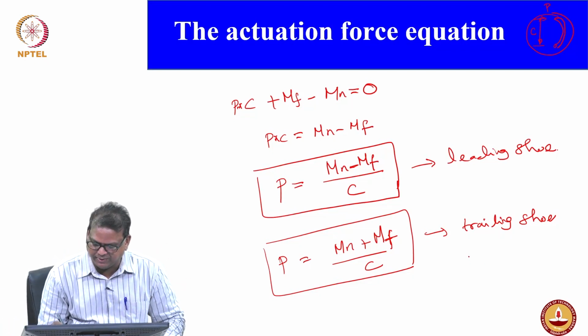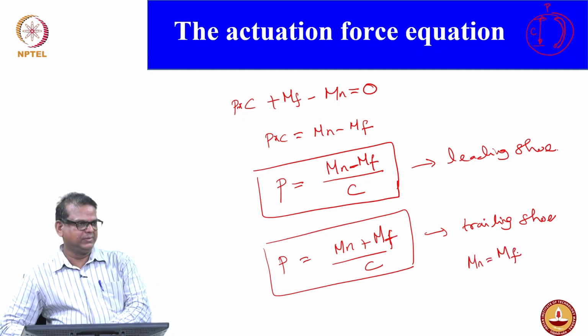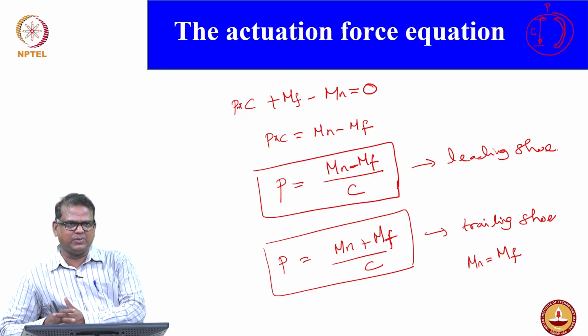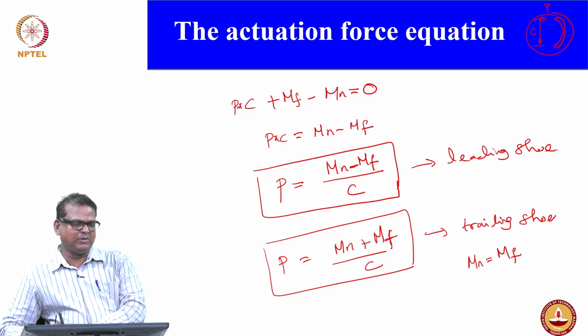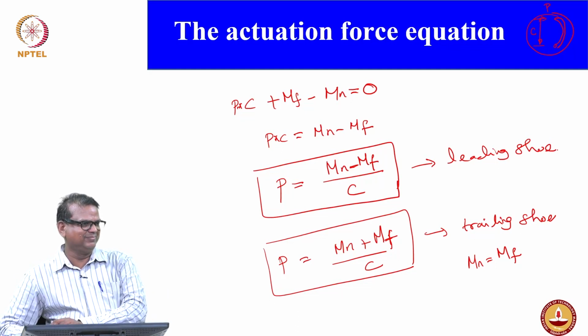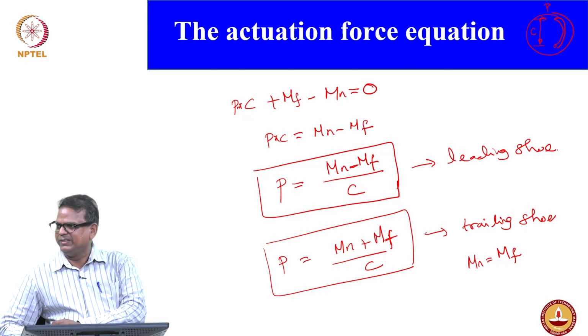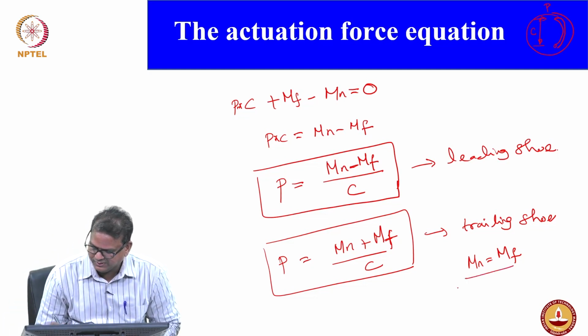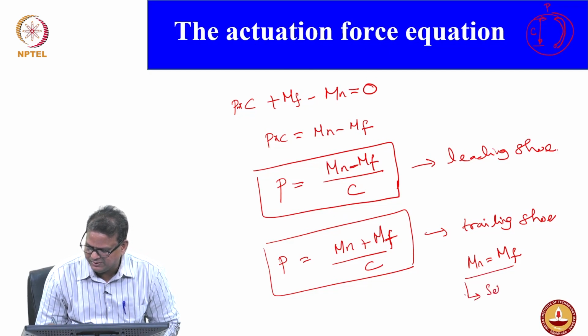What do you expect if my Mn equals Mf? What happens then? There's a chance where the moment of normal force and the moment of frictional force are equal. What happens to the vehicle? It will be self-locking. When Mn equals Mf, it's called self-locking. What do you mean by self-locking?